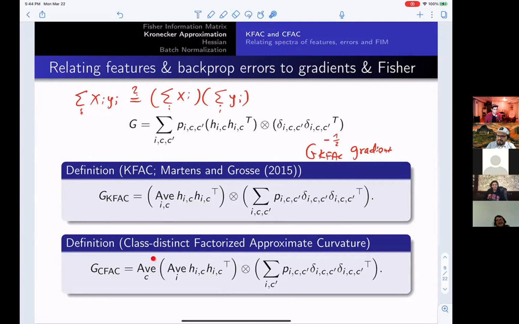Now, in the CFAC approximation, what happens is that the cat is only being Kronecker producted with the cat, because the average over the classes is put outside. And that explains, hopefully, why CFAC is significantly better at approximating the spectrum.